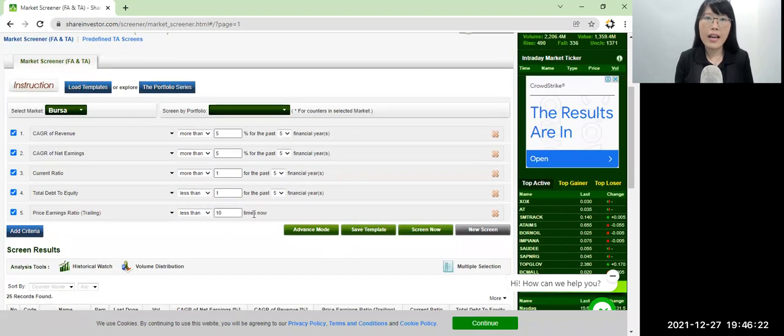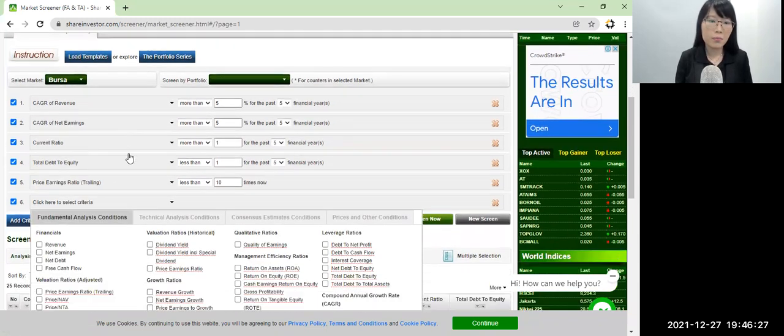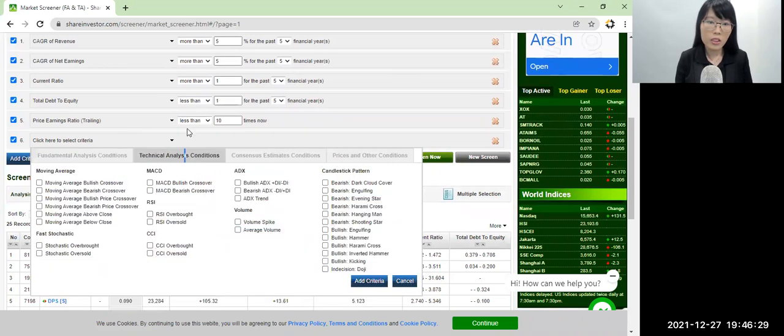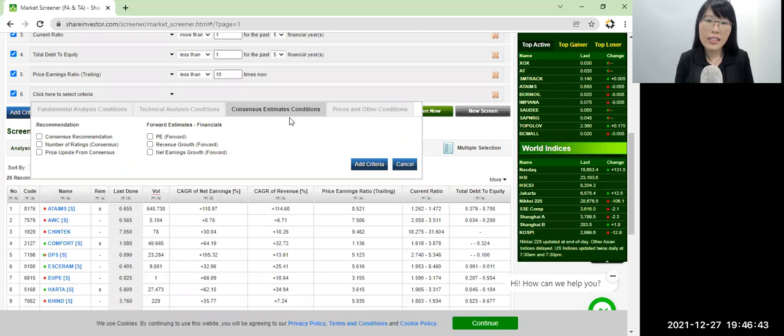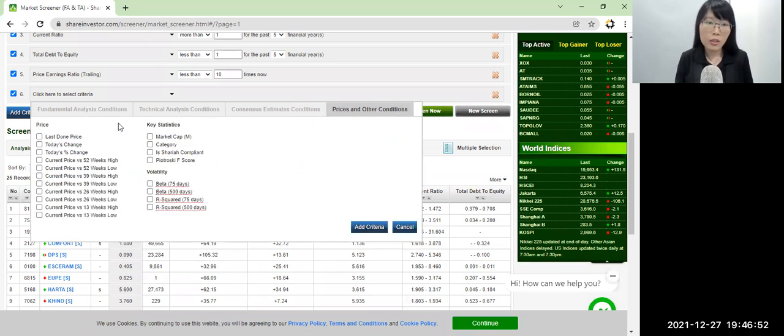So besides FA, you also can scan for the TA criteria, technical analysis conditions. Okay, so you can choose any condition you want, or consensus estimate conditions you also can choose from here, or price and other conditions you also can choose from here.